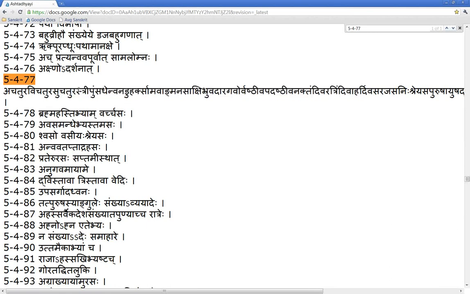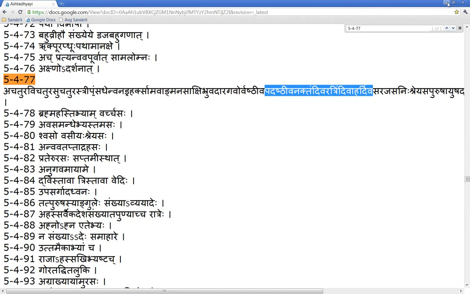Stri Pumsa, that's 1, Dhenvanaduha, 2nd, Riksama, 3rd, Vangmanasa, 4, Akshibhruva, 5, Daragava, 6, Urvashthiva, 7, Padashthiva, 8, Naptandiva, 9, Ratrindiva, 10, Ahardiva, 11. So these are the dvandva samasas which are irregularly formed, or have special extra operations, and they all end in the pratyaya ach.